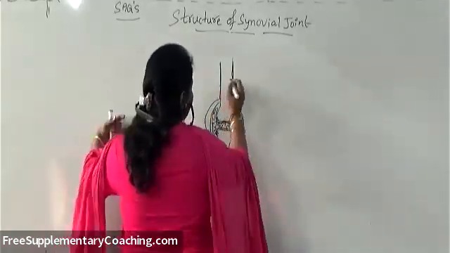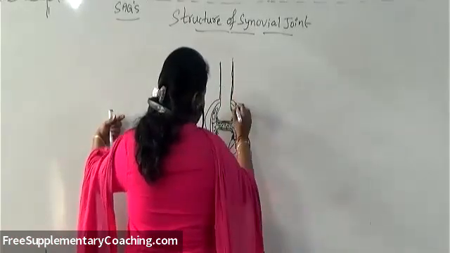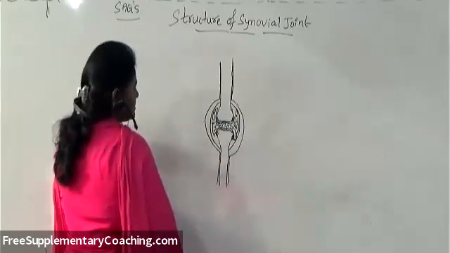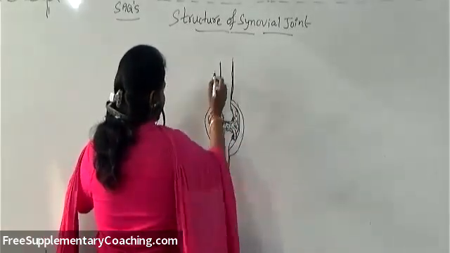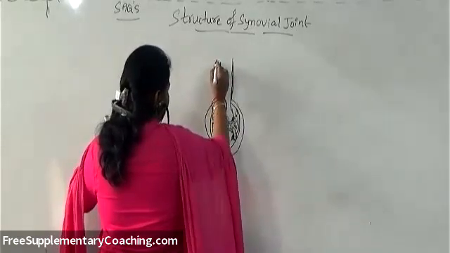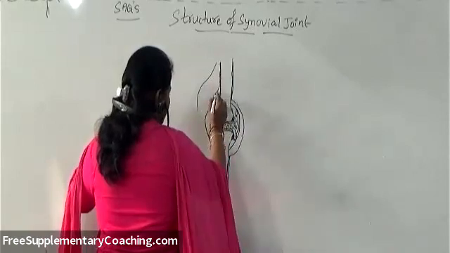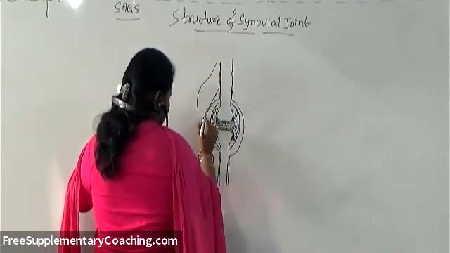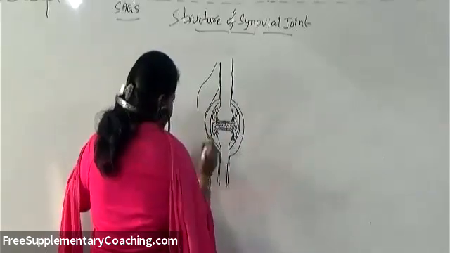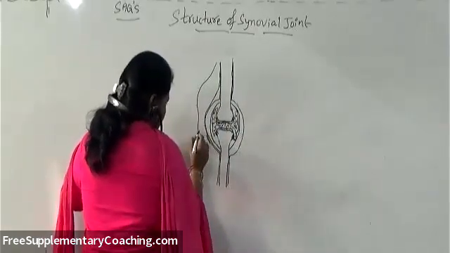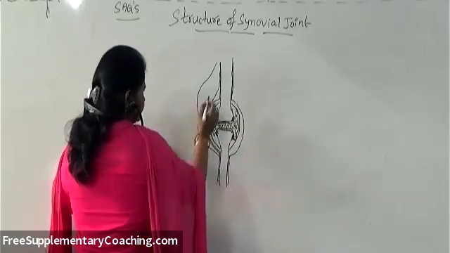Like this, you are supposed to show the synovial joint with the joint capsule, and you can also show the presence of a muscle, where the muscle connects to a bone with the help of a tendon.